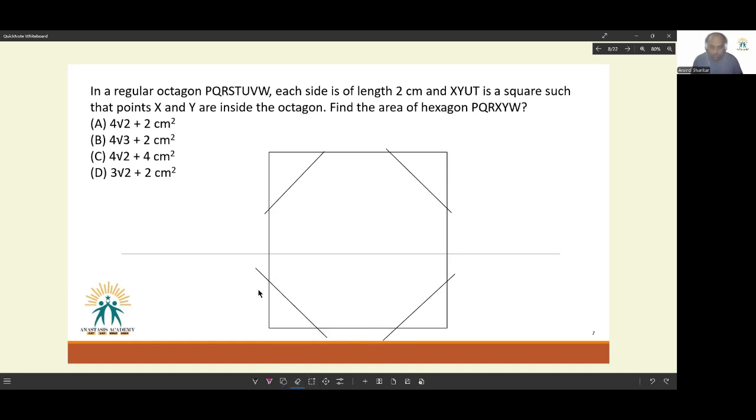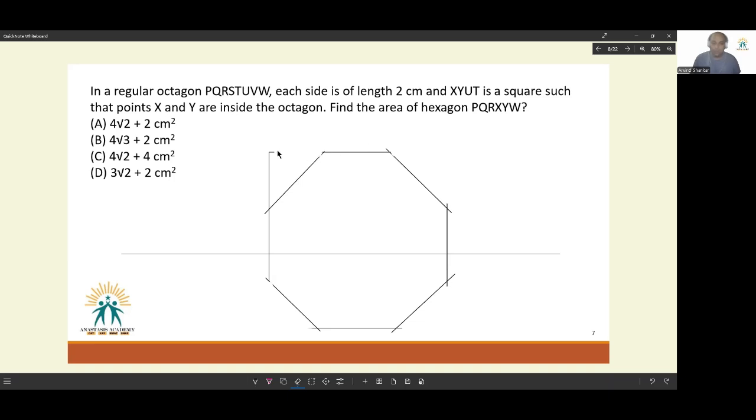I will erase bits that are, let me use a large eraser. Now get rid of these corners.